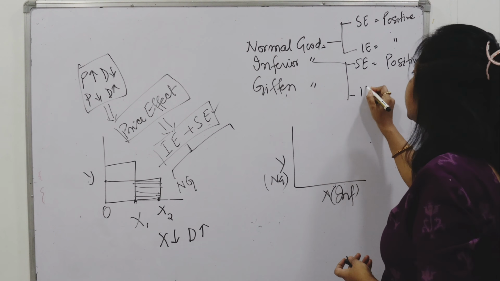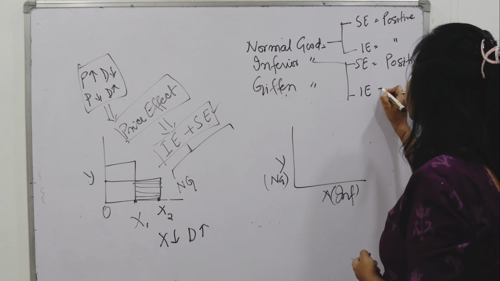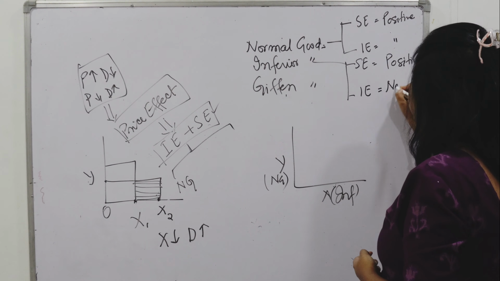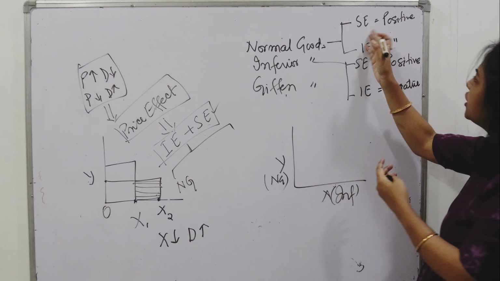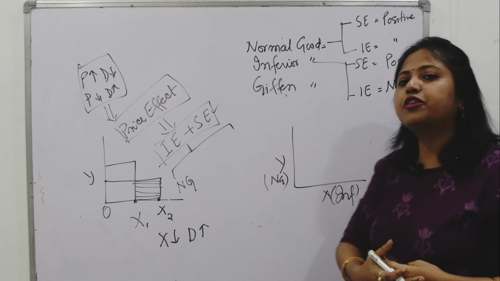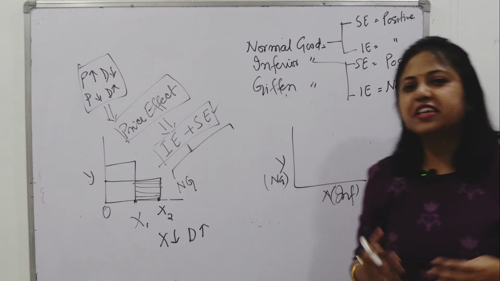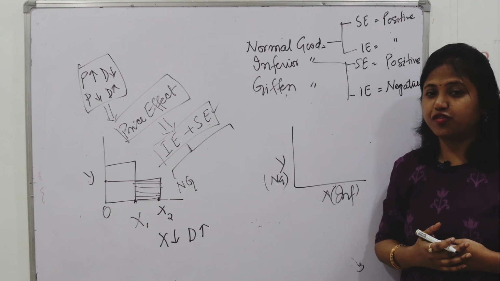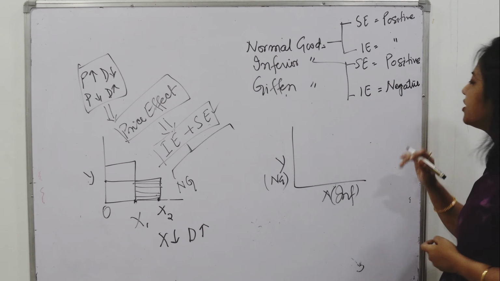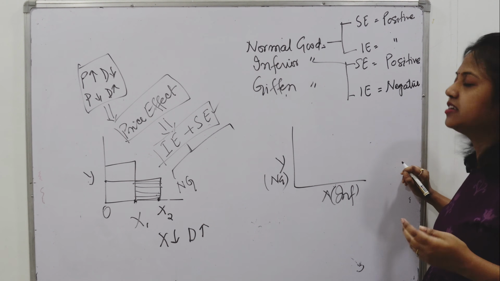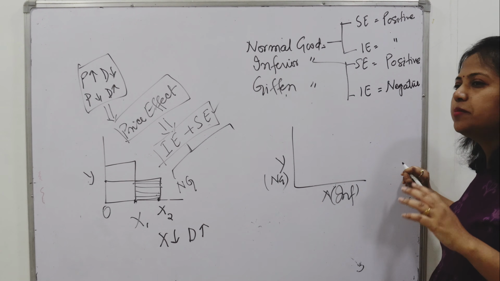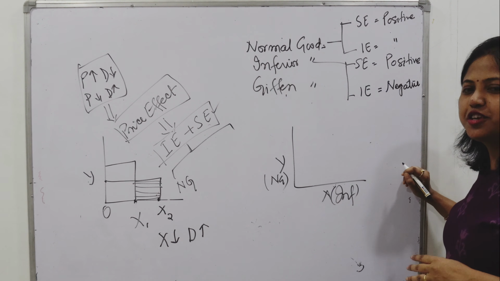Now, but the income effect is negative. What does this mean? We have understood here that as income increases, people will buy more of it, and as income falls, people will buy less of it. But in case of an inferior good, what happens? As income increases, we will not be buying more of the inferior goods.